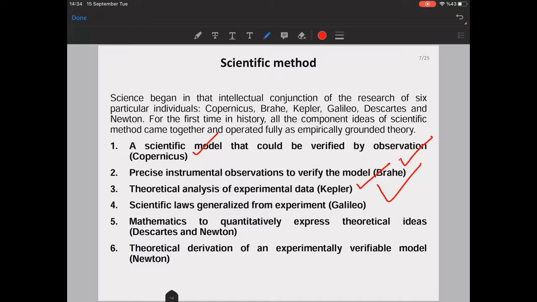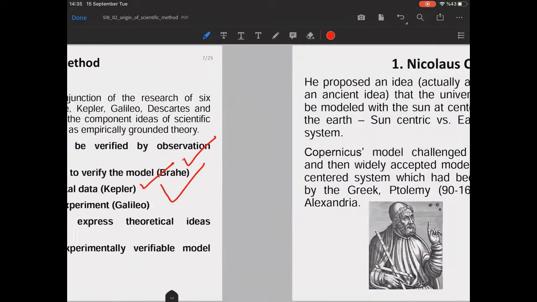And then we need mathematics to quantitatively express theoretical ideas. Descartes and Newton contributed to that. And finally, theoretical derivation of an experimentally verifiable model was proposed by Newton in the end. We will briefly take a look at them one by one.